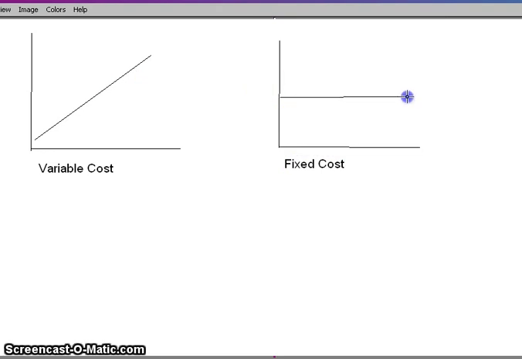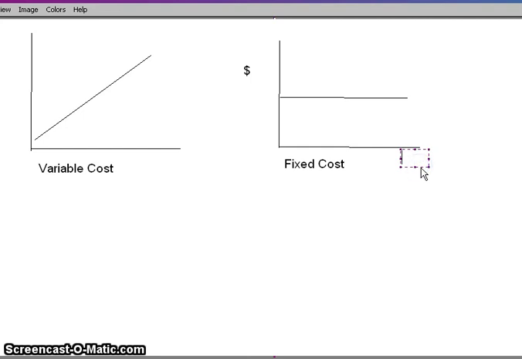Here's your level of activity. Let's say you're making 0 units, 100 units, all the way up to 30,000 units. Whether you make 100 or 30,000, the actual cost, which I'm putting here, is going to stay the same. That's the dollars, and this here is the number of units, and that goes for the variable cost graph as well.